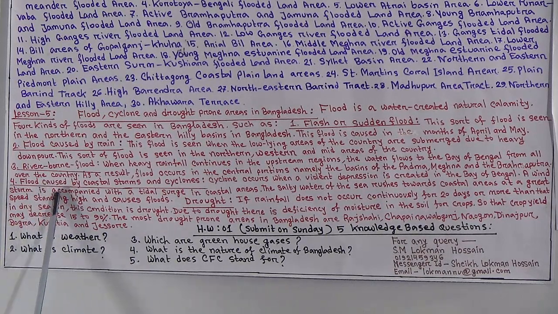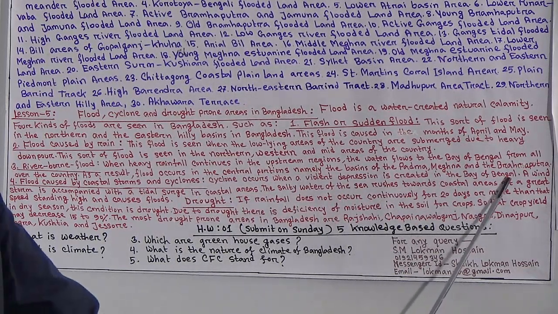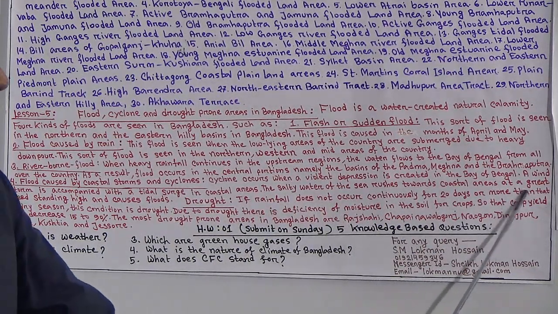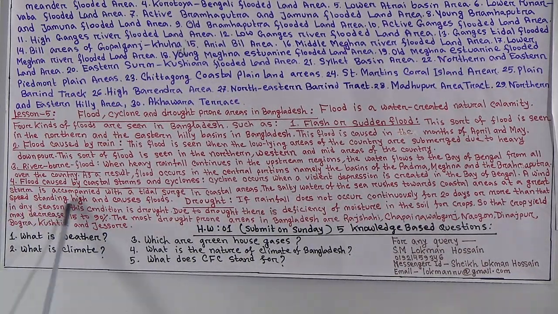Number 4, flood caused by coastal storms and cyclones. Cyclone occurs when a violent depression is created in the Bay of Bengal. A wind storm is accompanied with a tidal surge in coastal areas. The salty water of the sea rushes towards coastal areas at a great speed, standing high and causes floods.